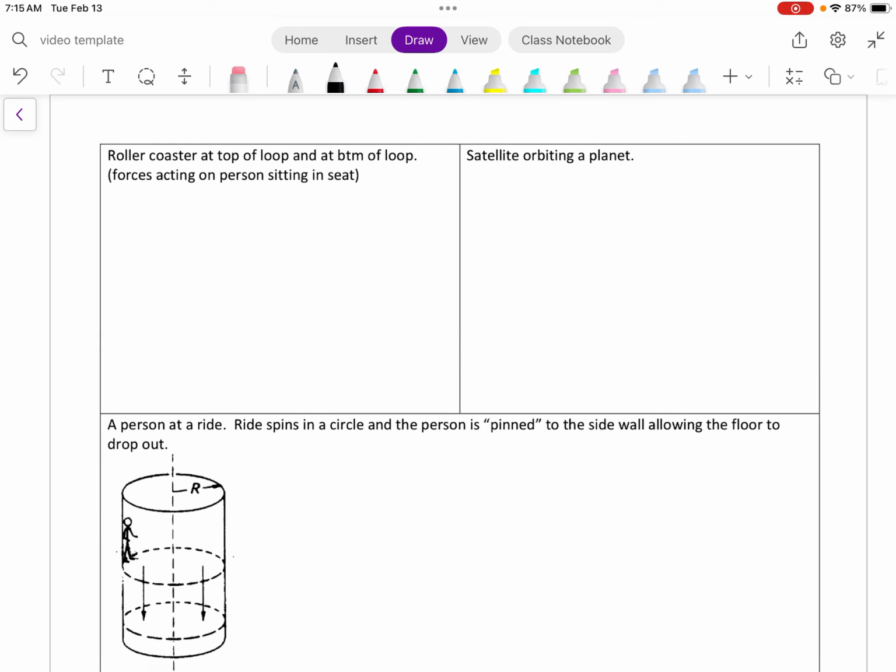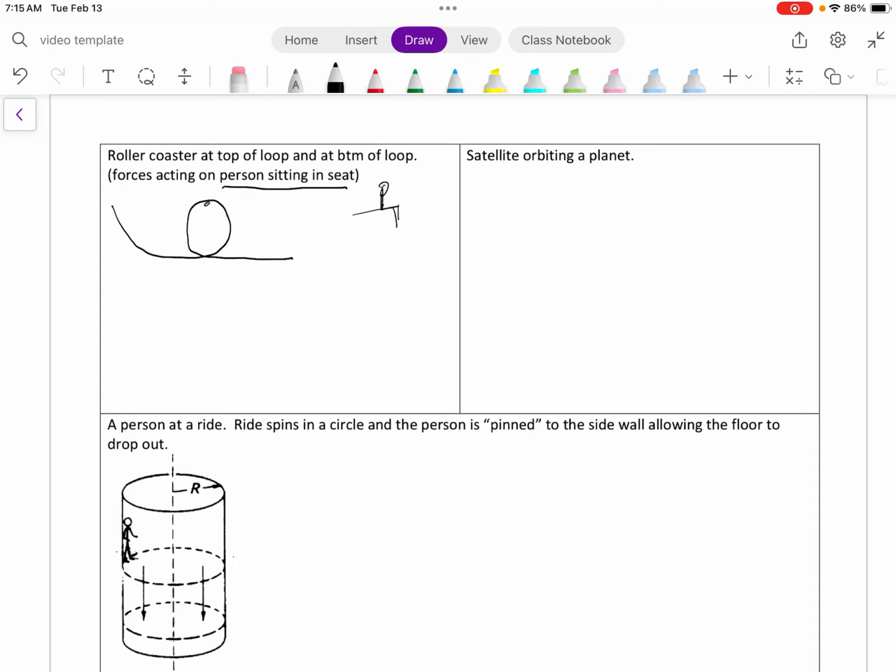Roller coaster at the top of the loop and at the bottom of the loop. So here comes the roller coaster. I hit the top and then I hit the bottom. And this is on forces acting on the person. So if you can imagine the person is sitting on a seat.